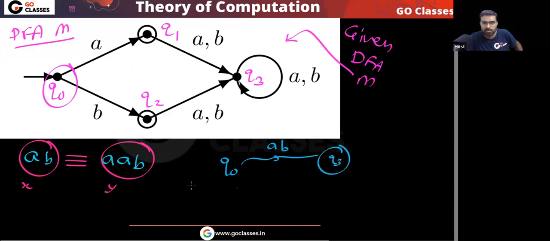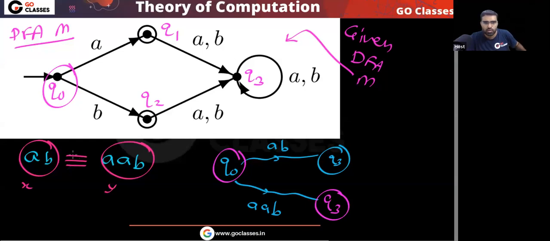You will go to Q3. And when you read AAB, from the initial state you read A, then A, then B, and again you will go to Q3. So yes, they are equivalent, because from the initial state this string goes to Q3 and this string also goes to Q3.